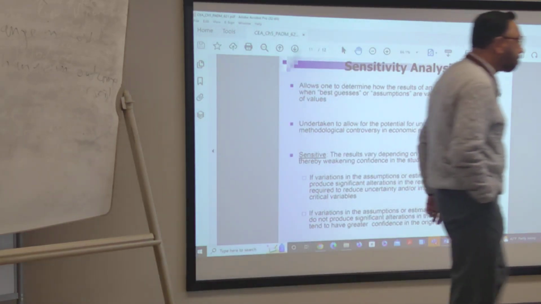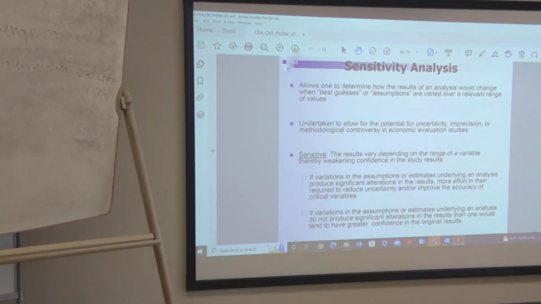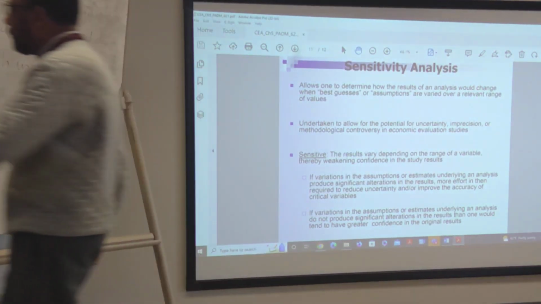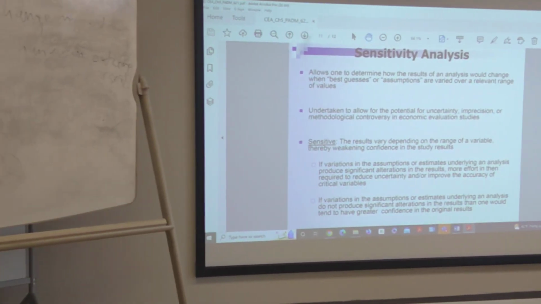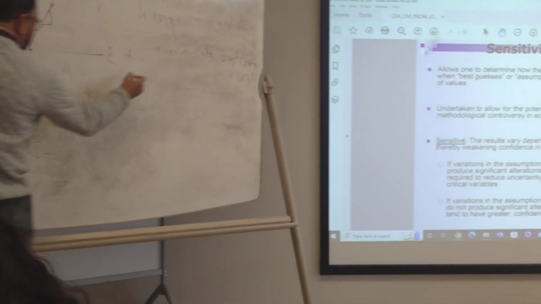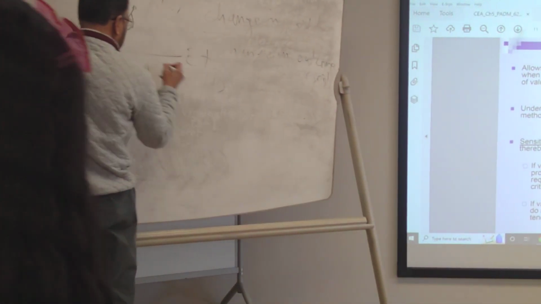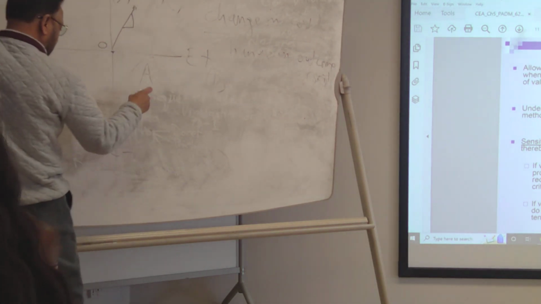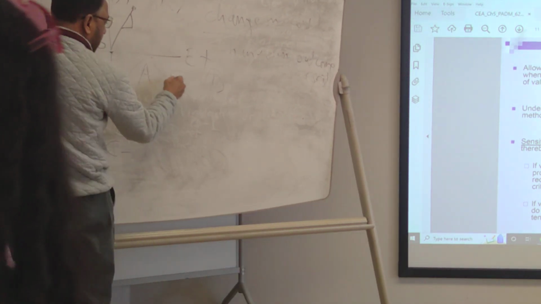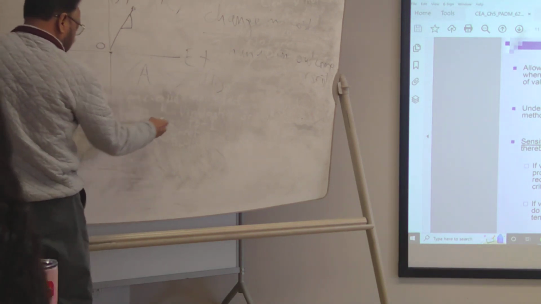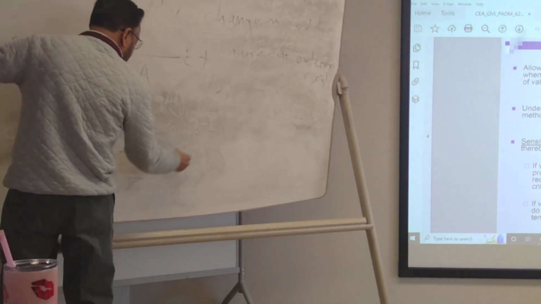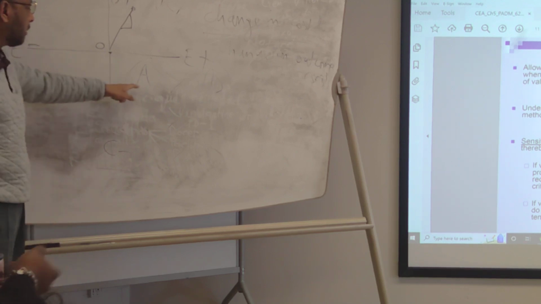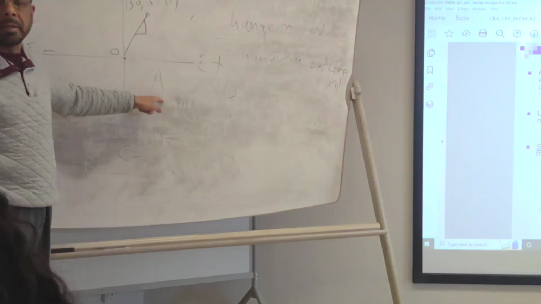Earlier, suppose there are two alternatives, A and B are being compared, okay? If I change my assumptions, my estimates, if A dominates B, if A keeps dominating, then I'm confident about my results. I'm saying, look, no matter what you do, A still comes out ahead.